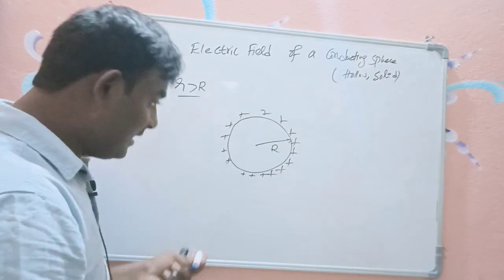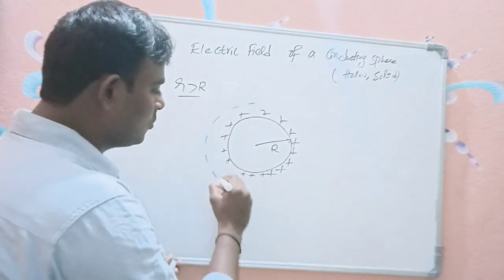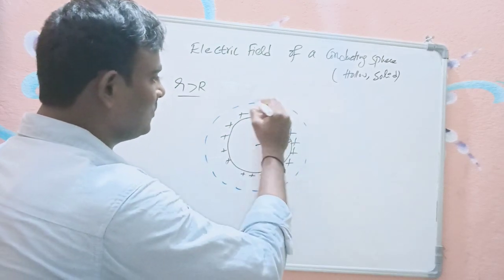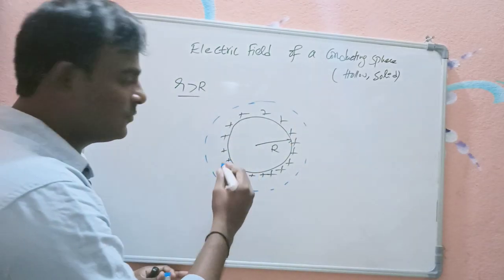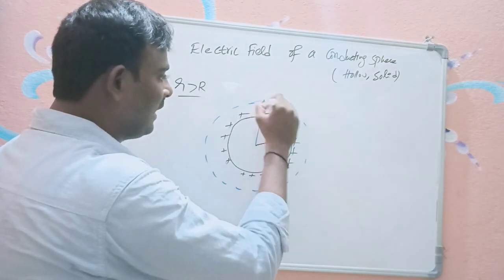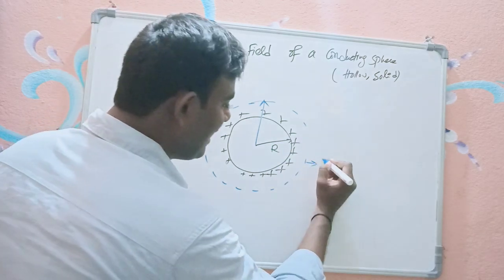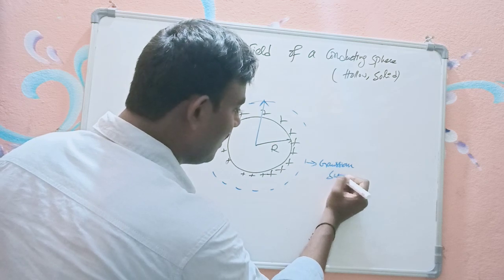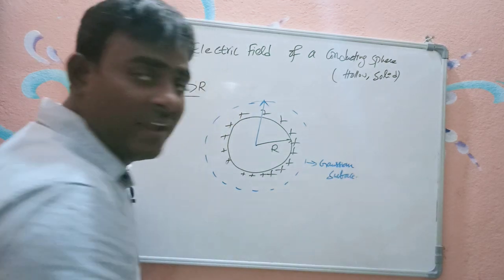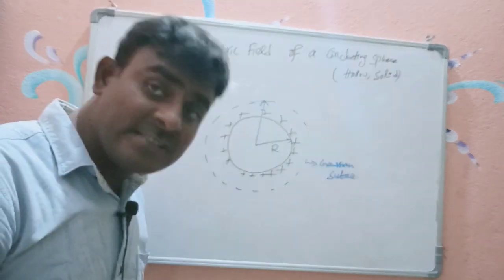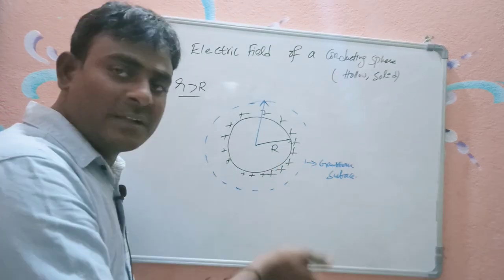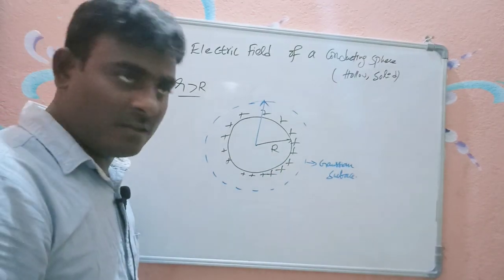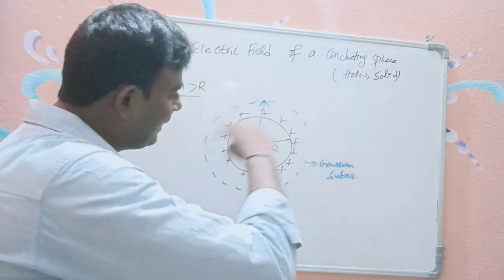Now, if I consider a region outside the sphere, and I want to take what is this? This is called the Gaussian surface, because in order to apply Gauss's law to find the electric field, we need to select a Gaussian surface which is symmetrical to the conducting object. What is the conducting object?